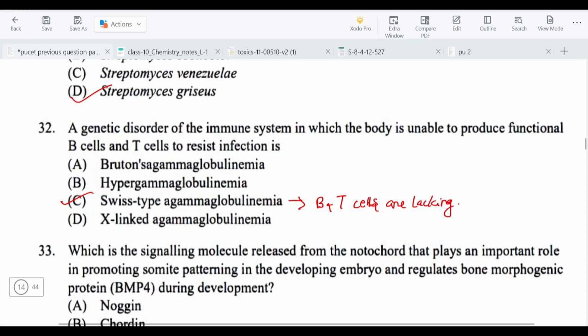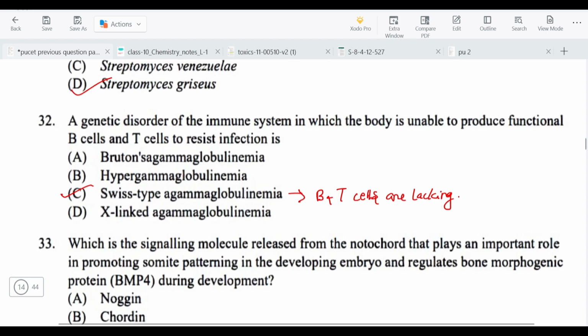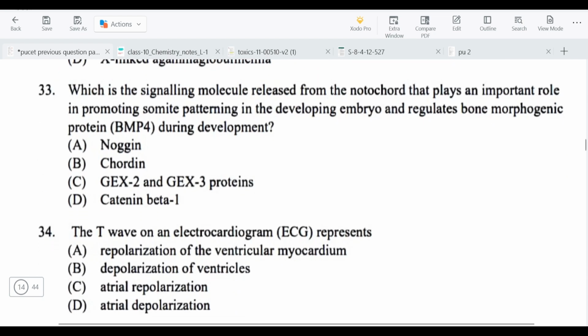right? Next question, which signaling molecule released from the notochord plays an important role in promoting somite patterning in the developing embryo and regulates bone morphogenetic protein BMP4 during development? The answer is noggin.